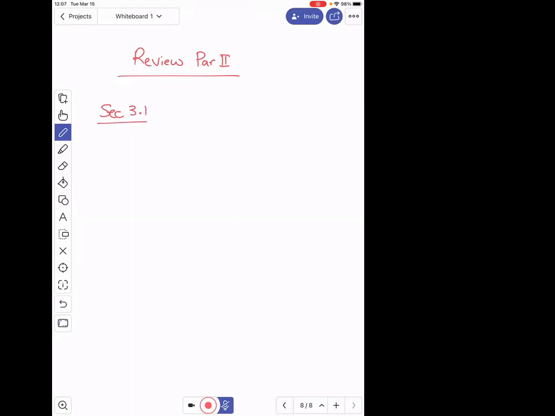So for 3.1, we need to find the mean, the median, the mode of the data from Professor Hill's class.